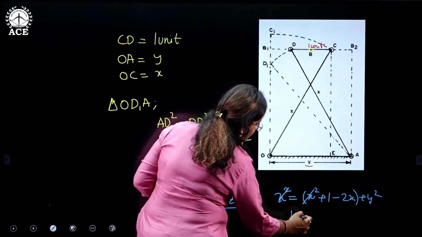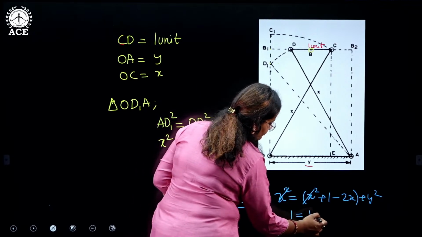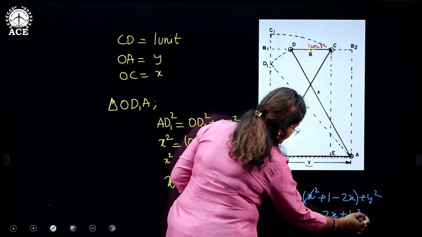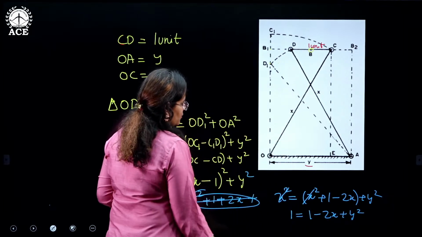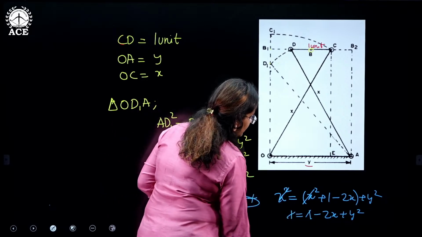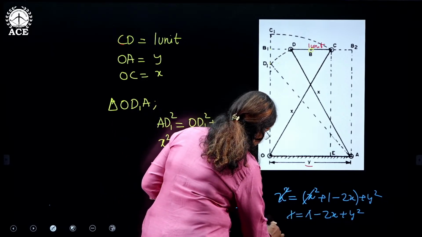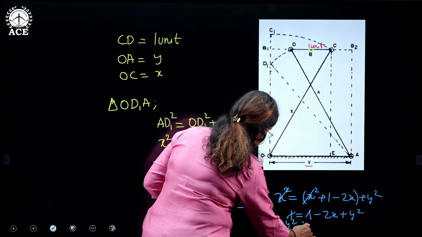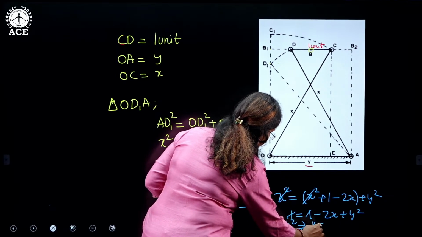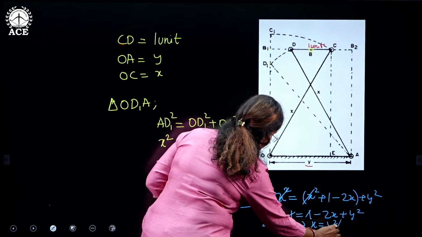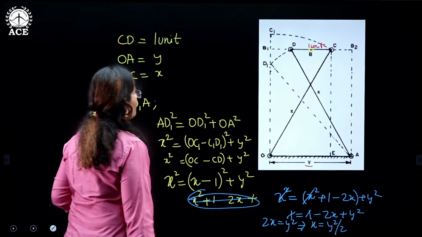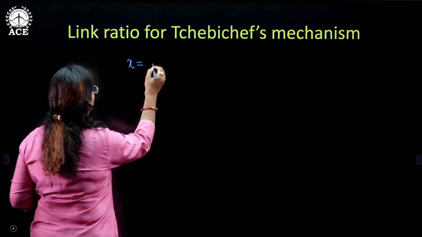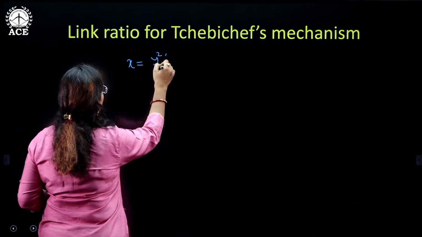So 1 is equal to 1 minus 2x plus y square. So again 1 and 1 also get cancelled. So I can write 2x is equal to y square. Hence x is equal to y square by 2. So we have got x is equal to y square by 2.